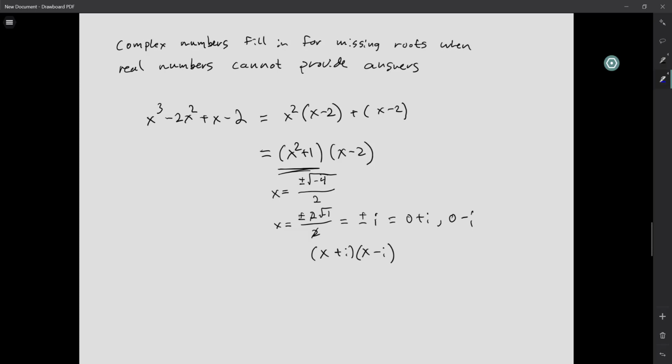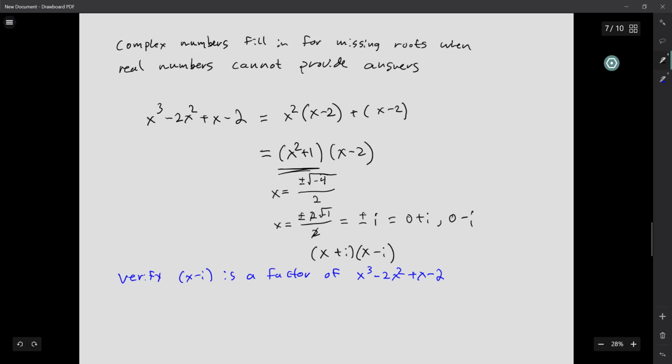So something I could ask you to do, and something some people have asked about regarding either the test or a quiz question, is we can verify, let's say x minus i is a factor of, and I'll use the whole polynomial here, x cubed minus 2x squared plus x minus 2.